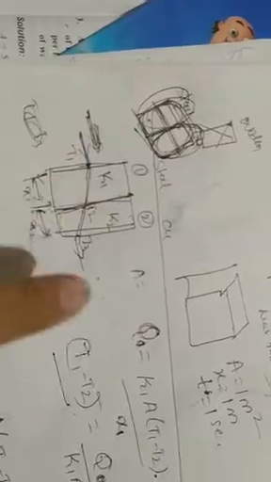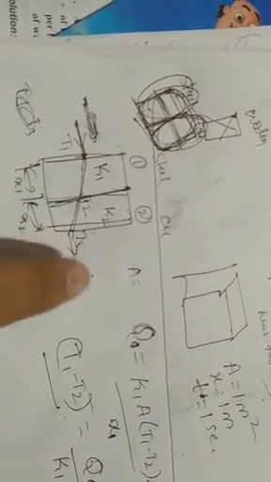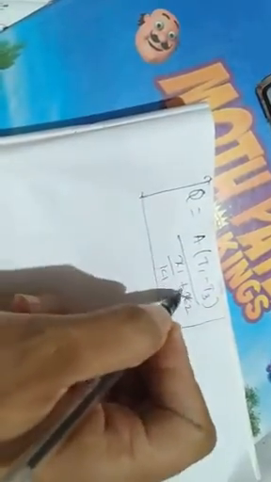Because we are finding the heat which is flowing from this area to this area. The same heat is flowing, but through different materials. This is called a composite material. So how much heat is transferring from first to third? Q is equal to A into T1 minus T3 divided by X1 divided by K1 plus X2 divided by K2.